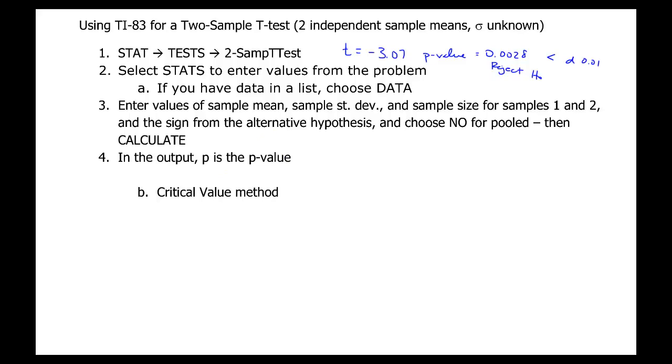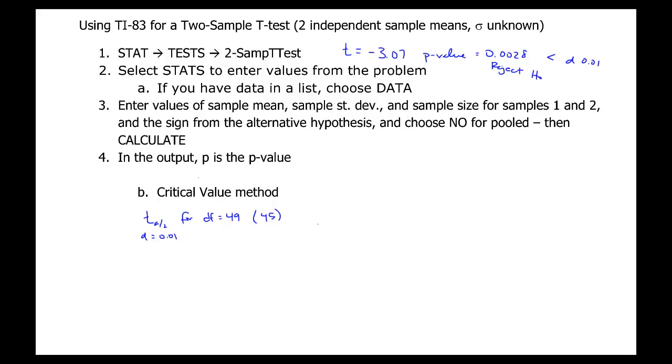All right, two other methods. We have critical value method and confidence interval method. Just a quick thing about the critical value method. On the table you could look up the critical value of t for degrees of freedom equal to 49, and you'd have to use 45 on the table, and alpha is 0.01.